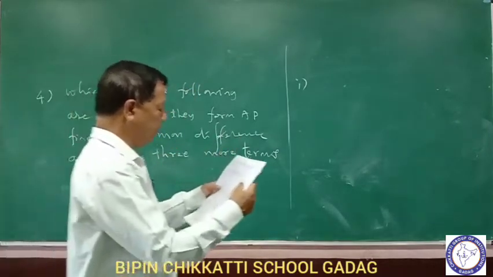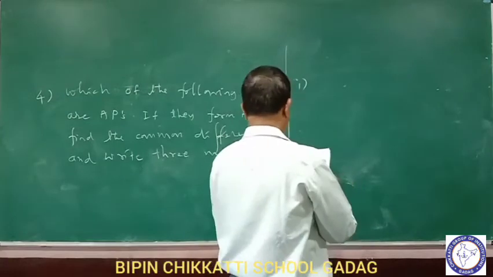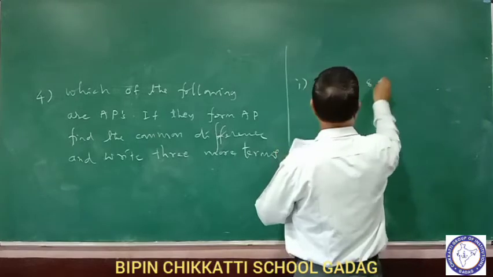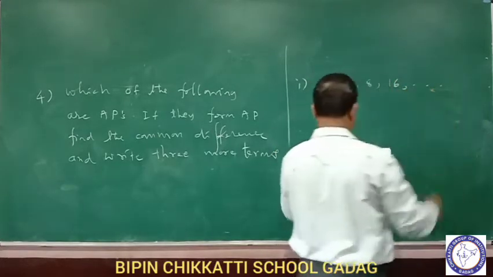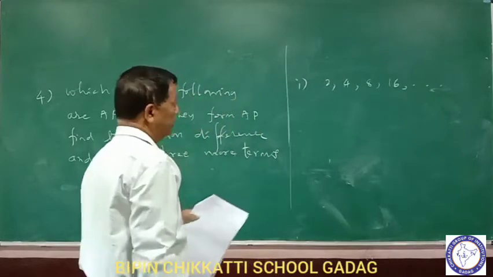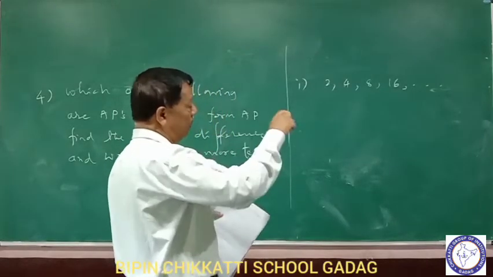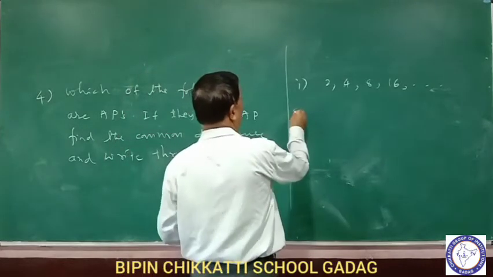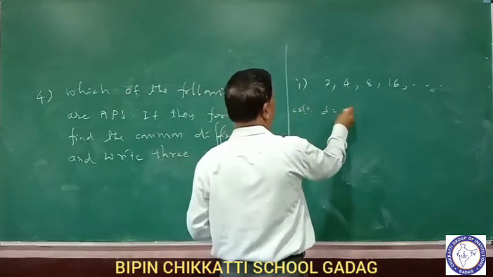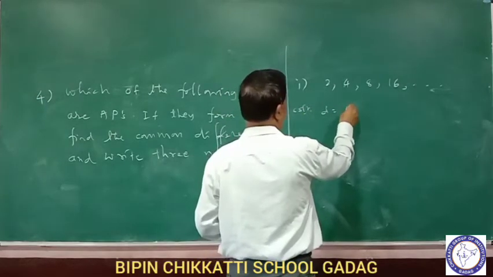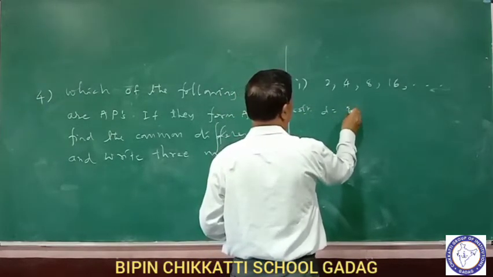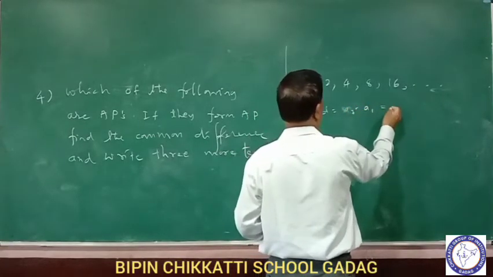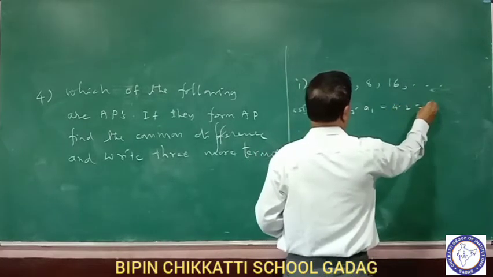Let us say this first example, how it is possible. Look at this: 2, 4, 8, 16. First you see whether it is an AP or not. To check an AP, only see the common difference. First term is already there. D is equal to A2 minus A1, that is 4 minus 2, that is 2.